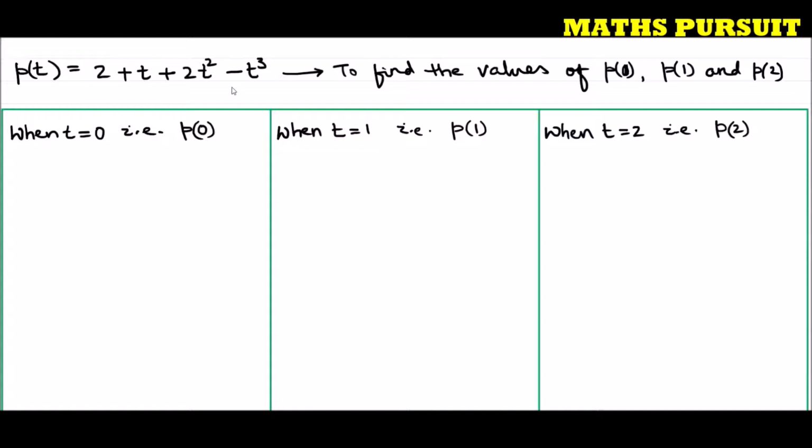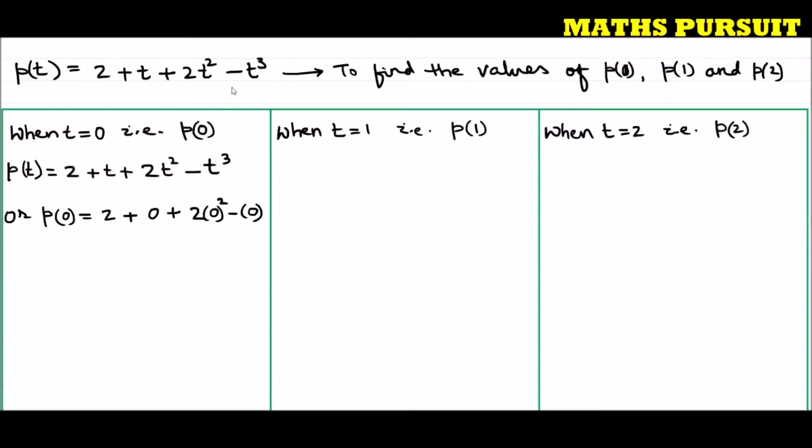Now guys, let us put the value of t as 0 as per the given equation. The given equation is P(t) = 2 + t + 2t^2 - t^3. Or I can write P(0), just replacing the value of t by 0, is equal to 2 + 0 + 2(0)^2 - 0^3.